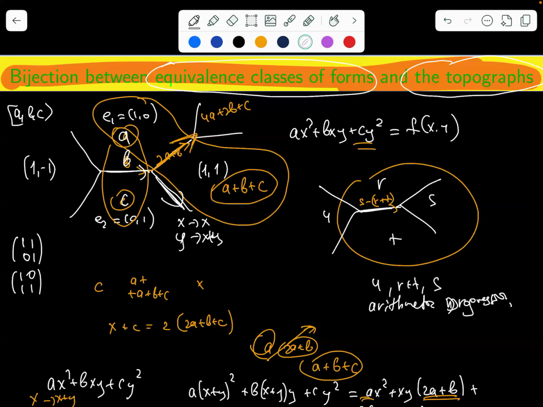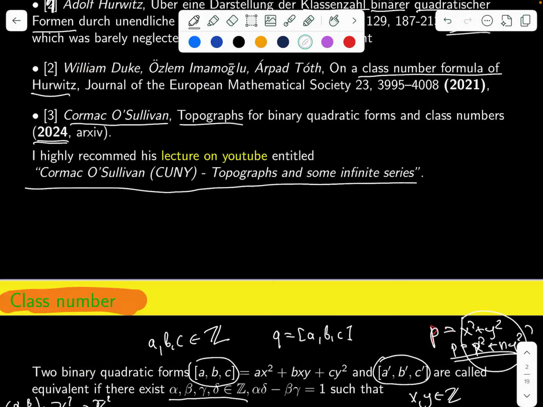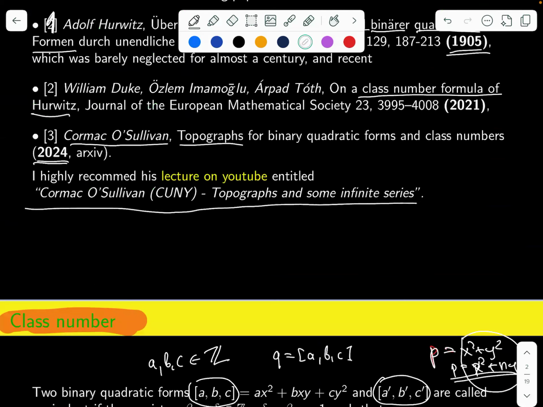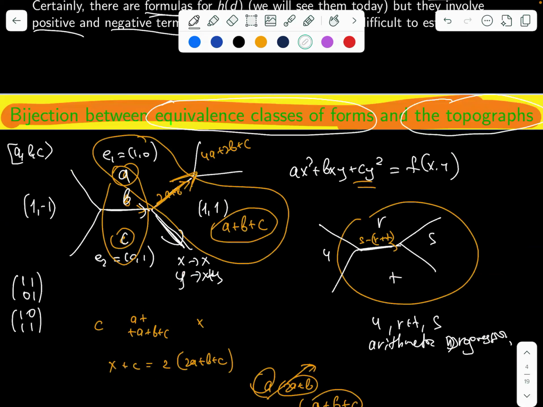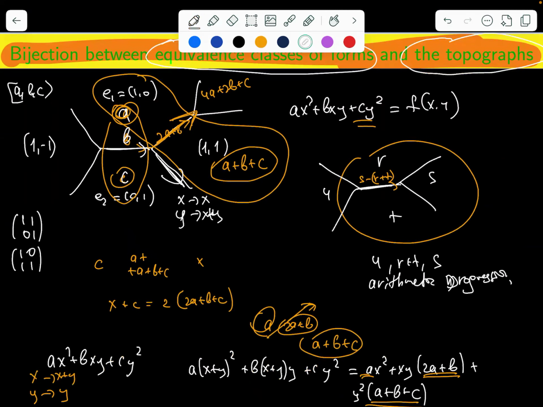And now let's see what we sum. What are the terms of the sum? The term here is 1 divided by (a plus b plus c) times c. Look at the topograph. Let me draw a new topograph somewhere here.